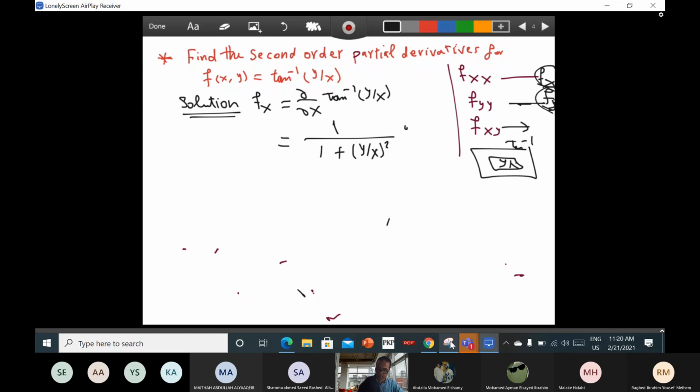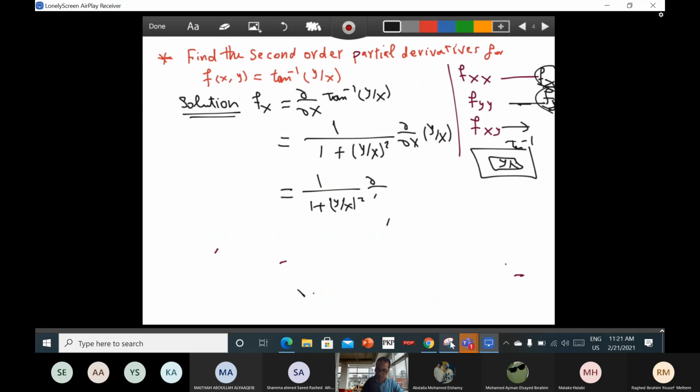And then I go inside and differentiate. Sorry, it is not angle. This is the value of the tan. Sorry about that. Okay. Now I have 1 over 1 plus y over x squared. And what is the derivative of x with respect to x?